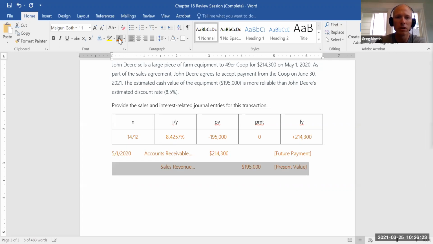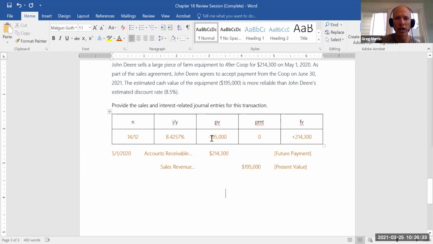The next piece of it is the sales revenue. Now it's very important. The sales revenue amount is the present value that's part of this TVM calculation. And so the 195,000, that's the present value. So that is the sales revenue that we'll record. Now notice the total payment and the sales revenue are different amounts.